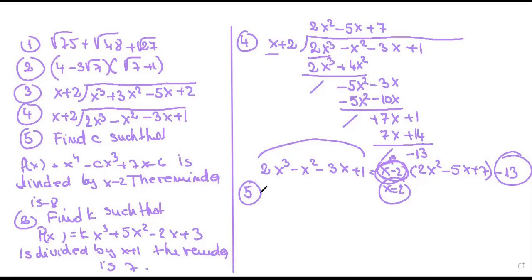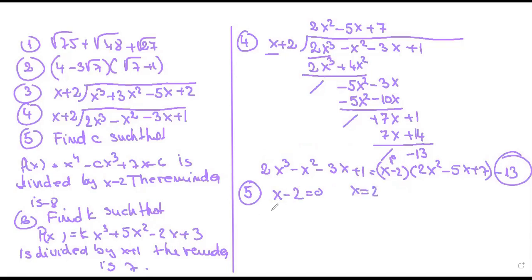Okay, so that's why I wanted to have the problem number in front of us. We have a different polynomial, but the principle is the same. So we say x minus 2 equals 0, x equal 2.